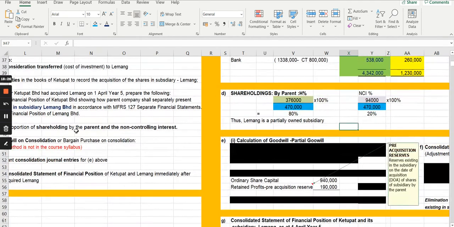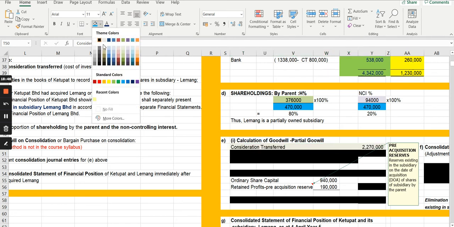The next step is to calculate the goodwill. After you have done this calculation of shareholding, you will calculate goodwill. As I explained in my previous video, first is to find out what the consideration transferred is.